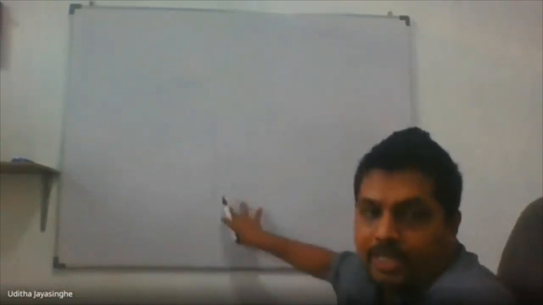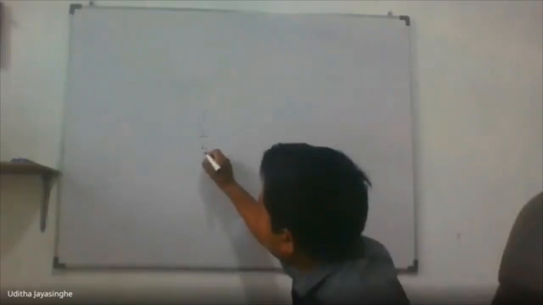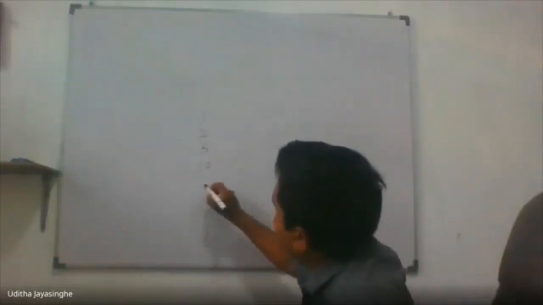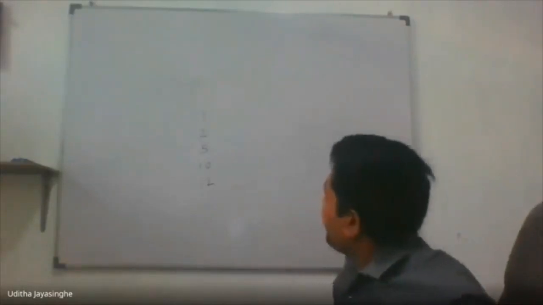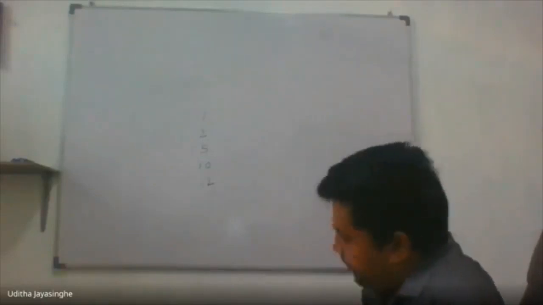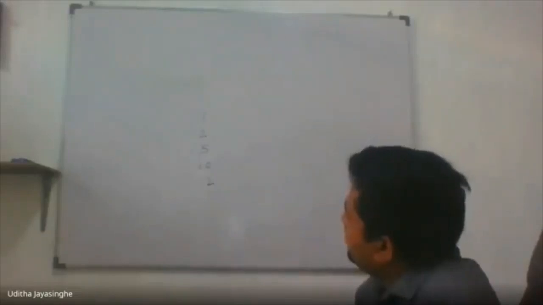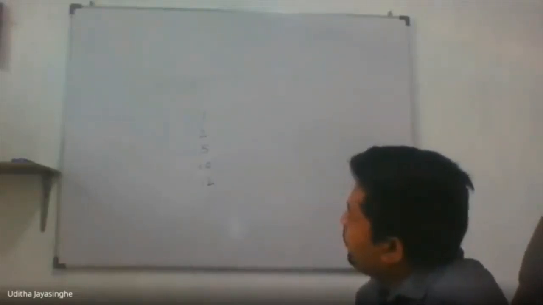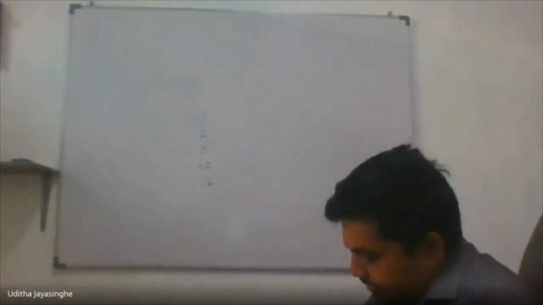Let's say I have a set of numbers: 1, 2, 5, 10, 12. This is enough. I have 5 numbers. These are the values. Then the first step that I can do is simply calculate the mean.